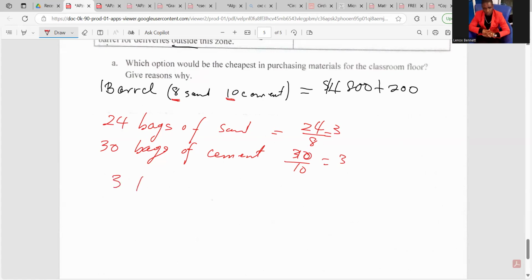So we're only gonna purchase 3 barrels. Alright, and 1 barrel costs 4,800 plus the 200, so that's 3 multiplied by the 5,000. So this is what PyTech would cost, a total of 15,000.